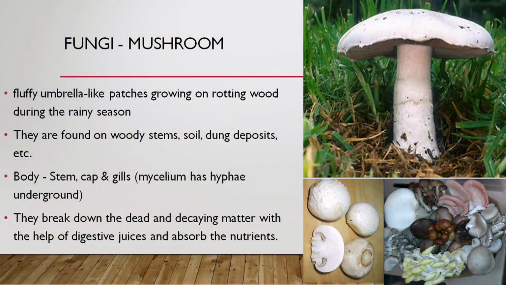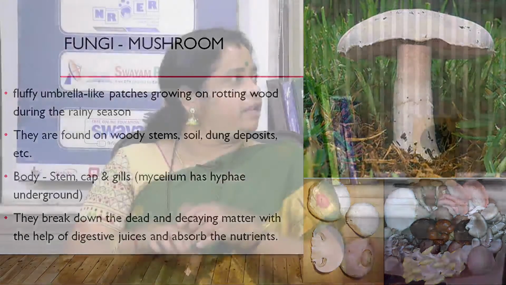So what they do is they have some digestive juices in them. Very interesting phenomenon. These digestive juices help in digesting the already available decomposed substances, and they convert them into a very soluble form. Okay. And then they absorb the nutrients as they are into their body.